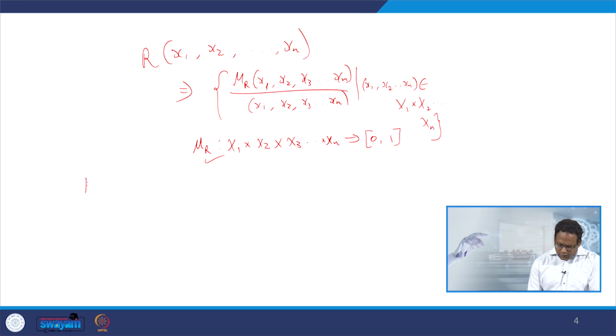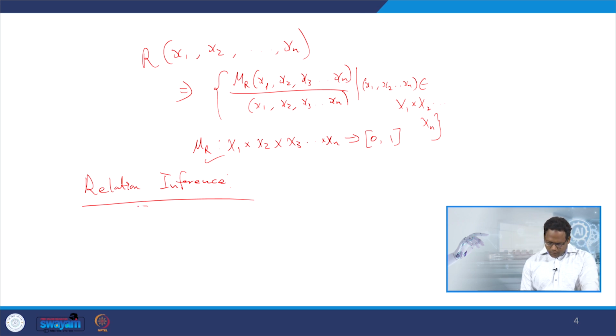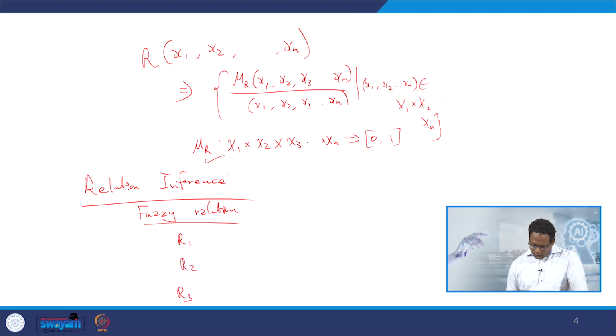Now let us see the relation inference. Say fuzzy relations represented by R1, R2, R3, where R1 is relating the Cartesian space of two universal sets x and y, R2 is the fuzzy relation relating Cartesian space y and z, and R3 is for Cartesian space relating x and z.